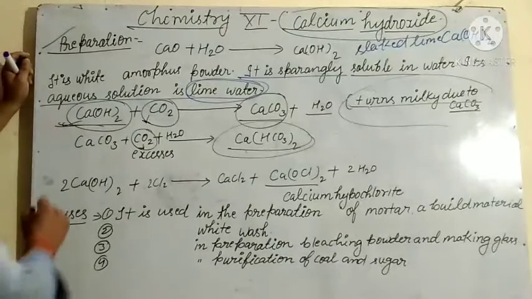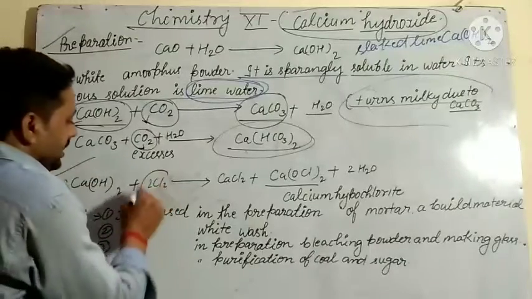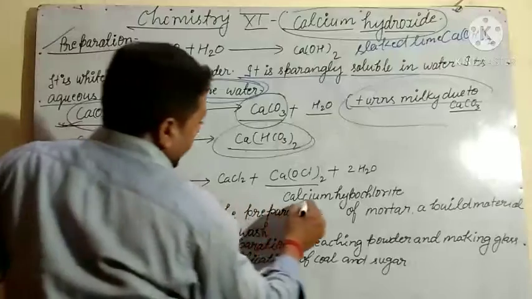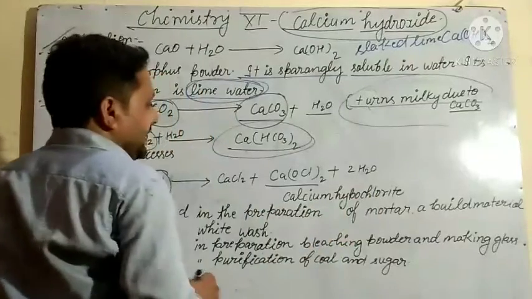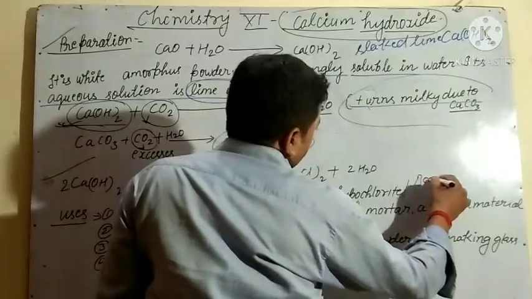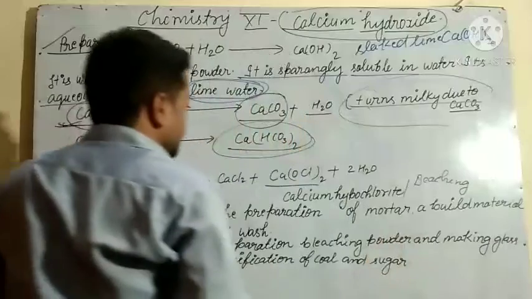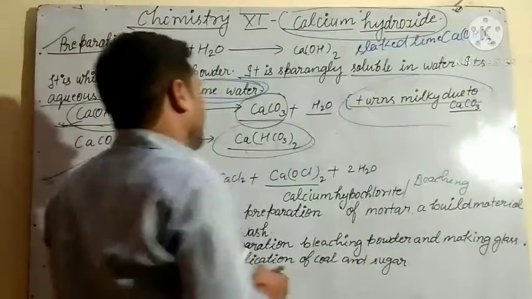Next, when calcium hydroxide reacts with Cl2, it forms calcium hypochlorite, which is called bleaching powder.